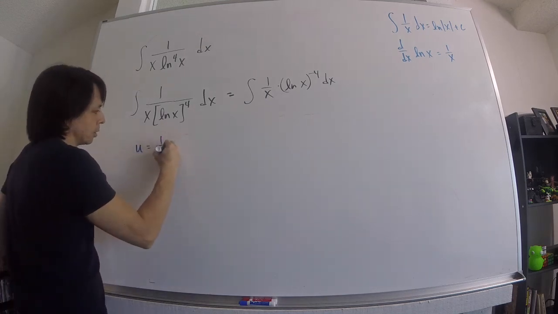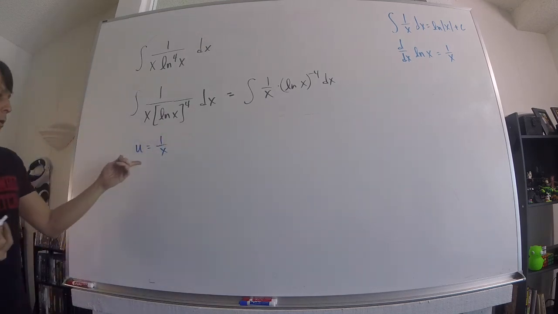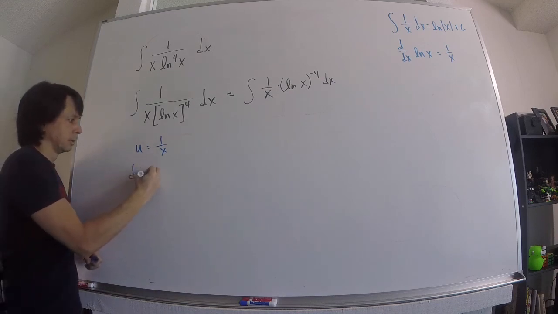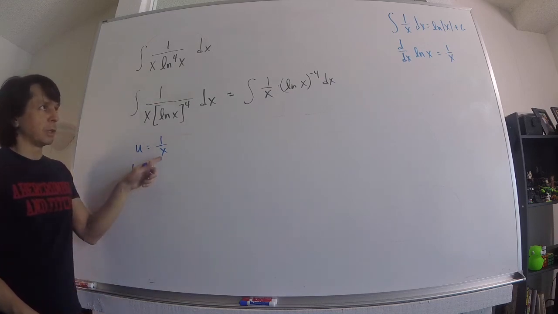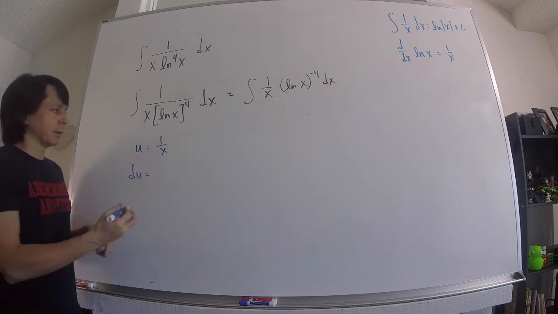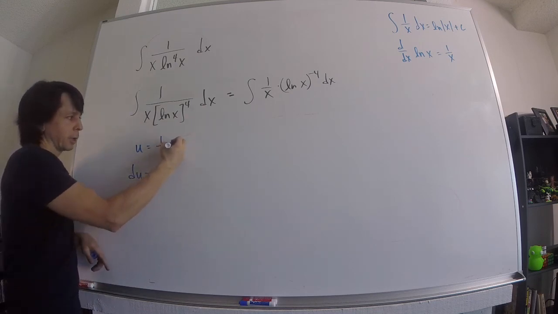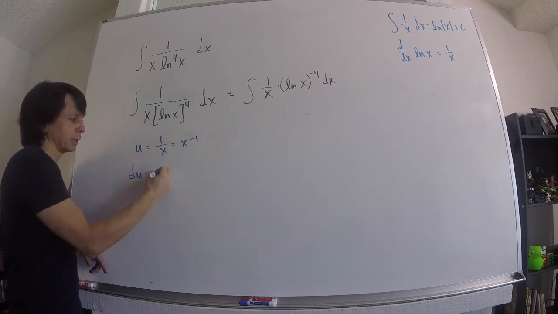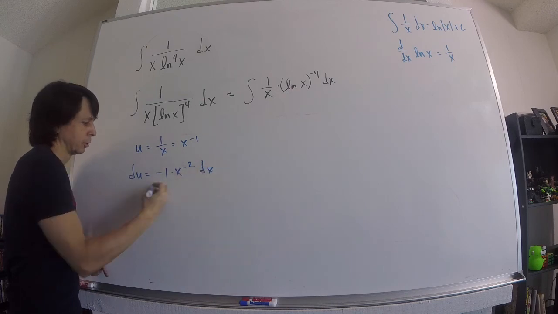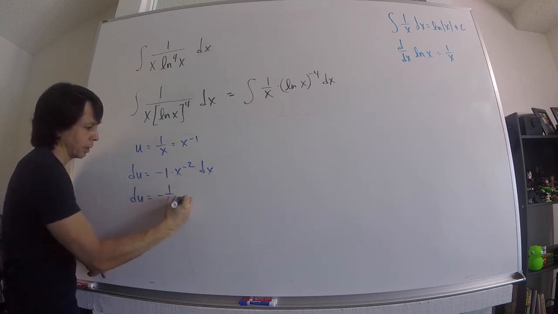I'm not going to, but let's say this is my trial and error. All right, I got to do my du. Make sure you know the derivative is not ln, it's the other way. The derivative of this, I got to treat that as x to the negative 1. It's going to be negative 1 times x to the negative 2 dx. So du is equal to negative 1 over x squared dx.